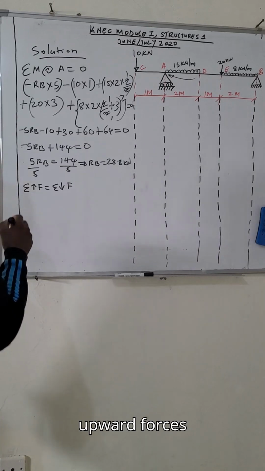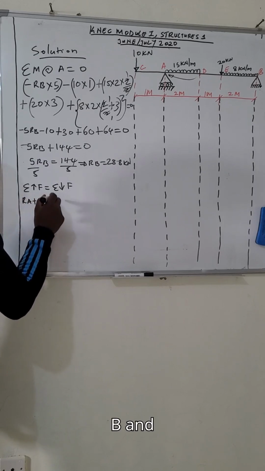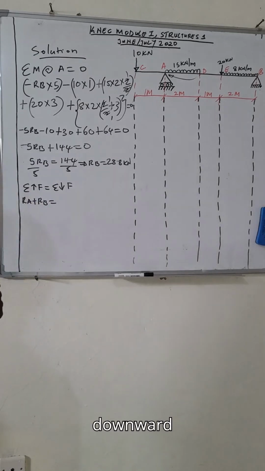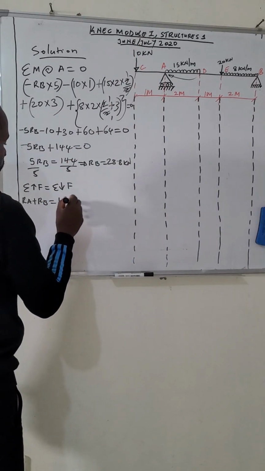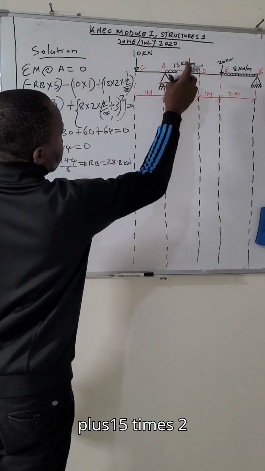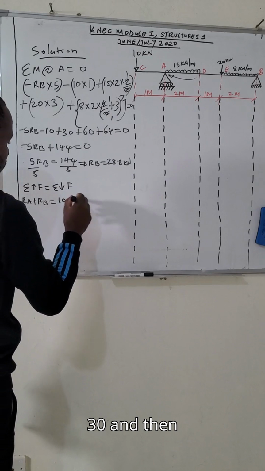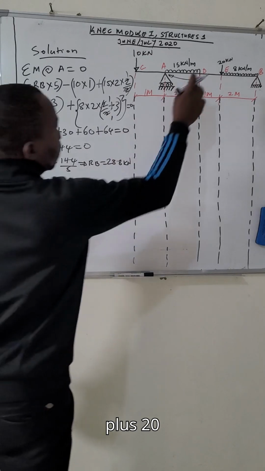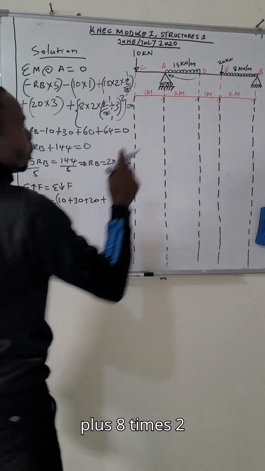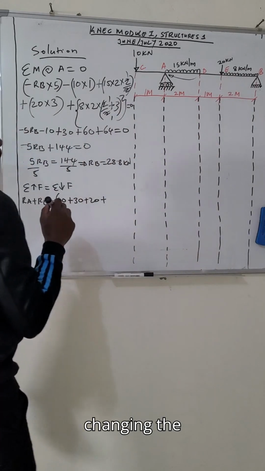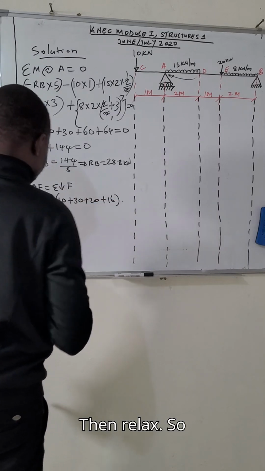So the summation of upward forces is reaction A plus reaction B, and summation of downward forces, you have 10 plus 15 times 2, you are changing linearly to a point load, so plus 30, and then plus 20 plus 8 times 2, you are changing linearly to a point load, that is 16, like that.